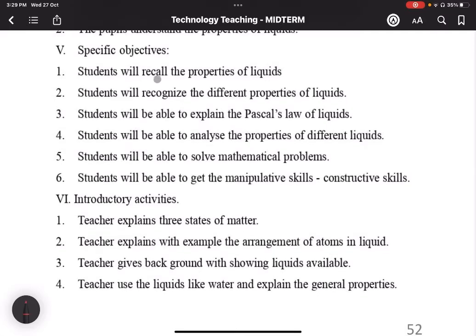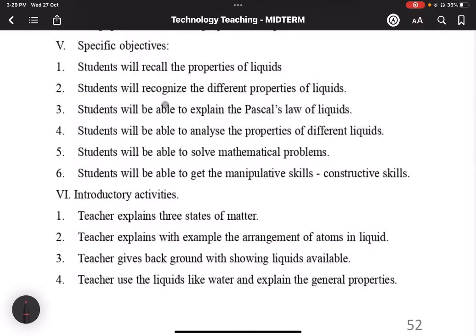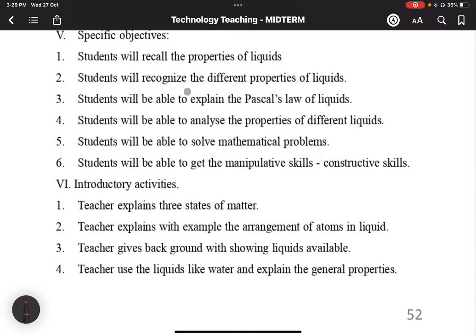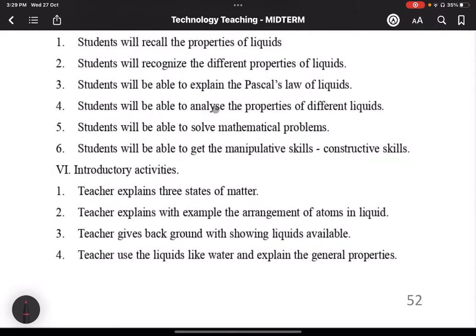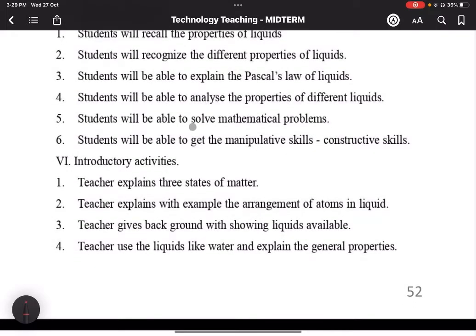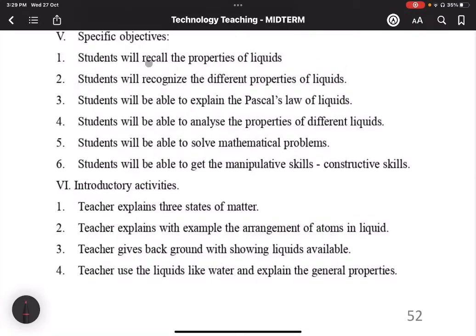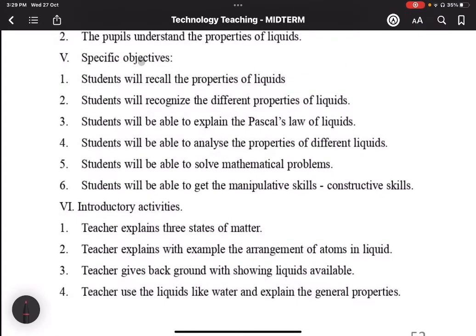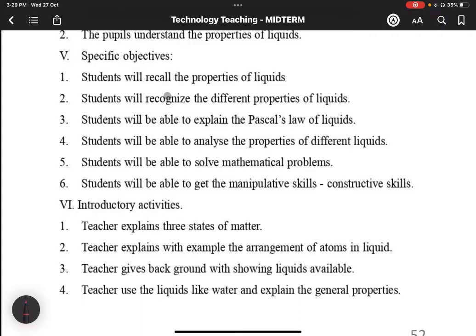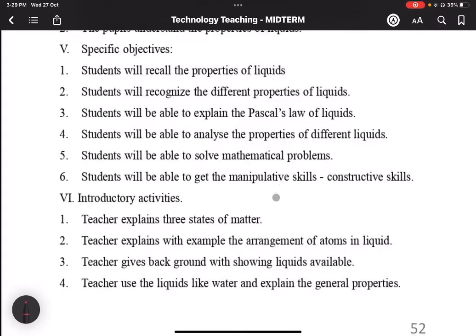Dapat makapag-recall sila, dapat ma-recognize, dapat makapag-explain sila, dapat ma-develop nila yung analysis, ma-develop nila yung problem solving, dapat ma-develop nila yung manipulative skills nila or constructive skills. So kung sa specific, no, under ng specific objectives, kailangan mong ilagay yung mga verb. Ang verb na yon, yun yung mga skill na dapat ma-develop ng students mo.